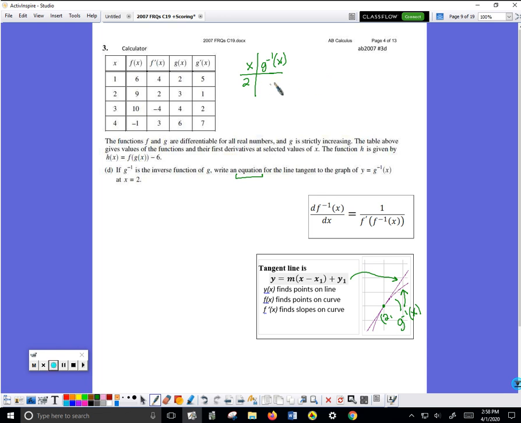But if we took that something and plugged it into g itself, the output value would be 2. That's what is meant by an inverse function. So I look over here and notice that the output value of g is equal to 2 when x is 1. So I know this has to be 1, therefore this has to be 1, therefore this is 1.